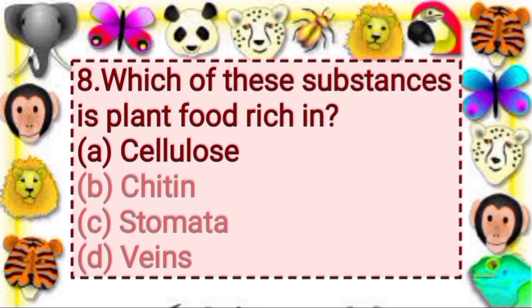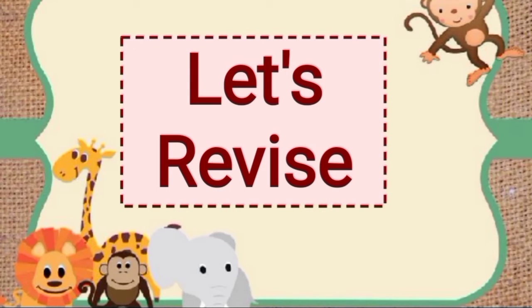Herbivorous animals have sharp teeth for biting and cutting and very strong teeth for grinding. This is because plant food needs to be chewed a lot, as it is very rich in a substance called cellulose. So the answer is option A, cellulose.